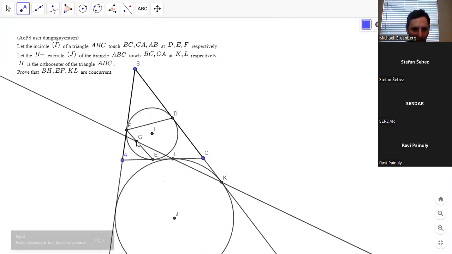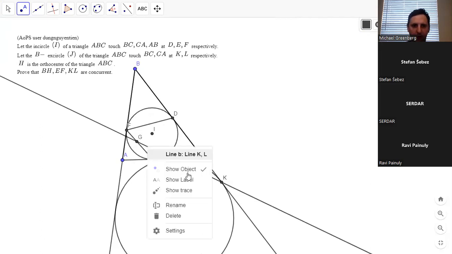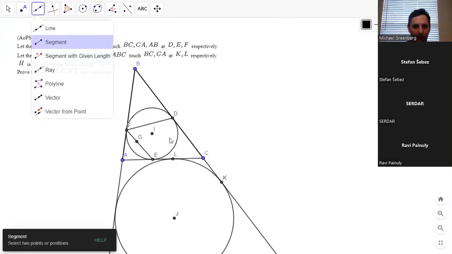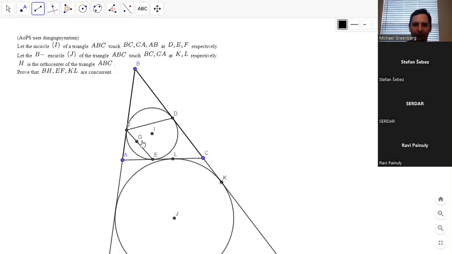Basically, we want to show that BG is perpendicular to AC. It feels like the Iran lemma or something. I don't know. It feels kind of like the last problem we did too, right?